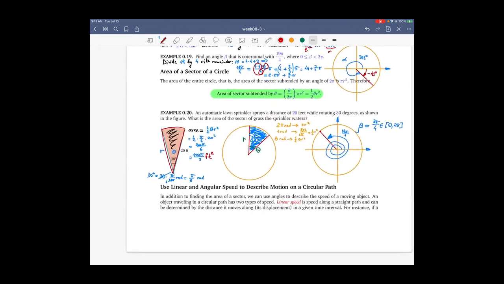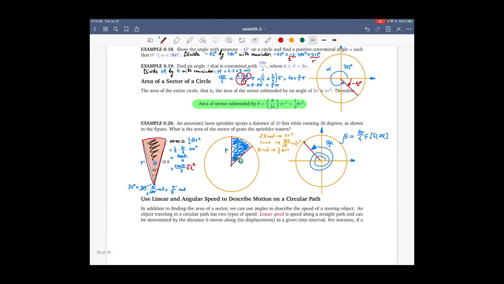All right, and what's left to talk about here in this topic is also circular motion. What's a circular motion? Circular motion is when a point moves along a circle. There are two types of speed that you can talk about when you talk about circular motion.